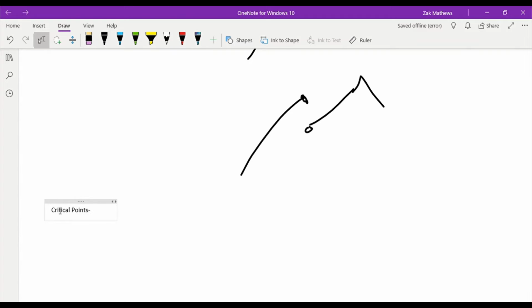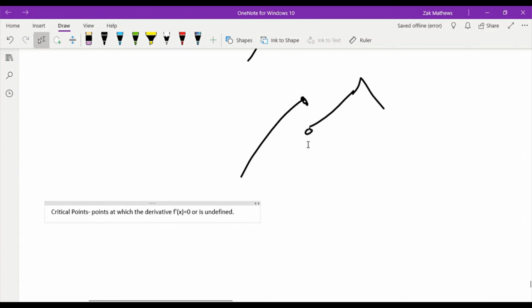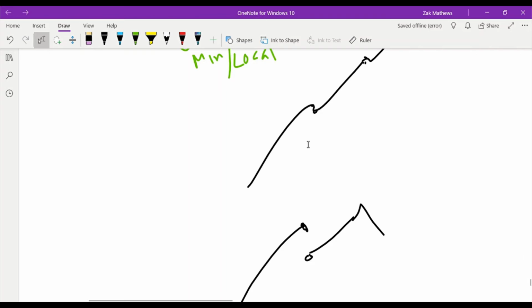Critical points are points at which the derivative of the function f of x is equal to 0 or is undefined. So critical points could be points where the derivative is undefined: corners, cusps, or just non-continuous points.